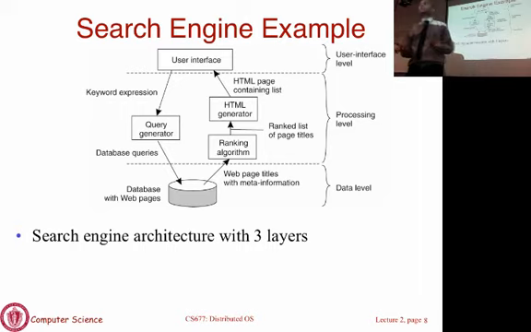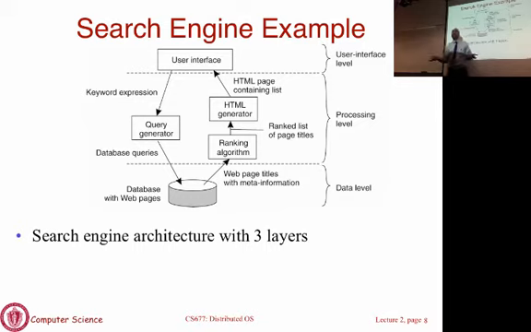Once this is done, you have to hand all this data to an HTML generator, because what is actually going back to the user is an HTML page. What has come out of the database is simply some matching pages and some content from those pages. So you will take the ranked list of pages and construct an HTML page.